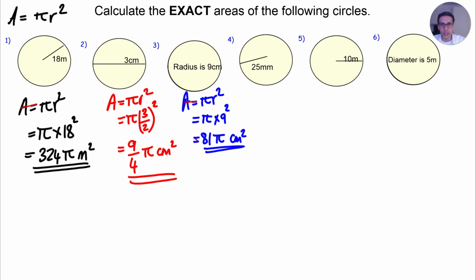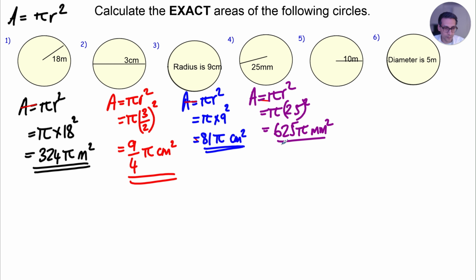Next question, we have the radius of 25, so again area equals pi r squared, which is equal to pi times 25 squared, and 25 squared is going to give you 625, so 625 pi millimeters squared.